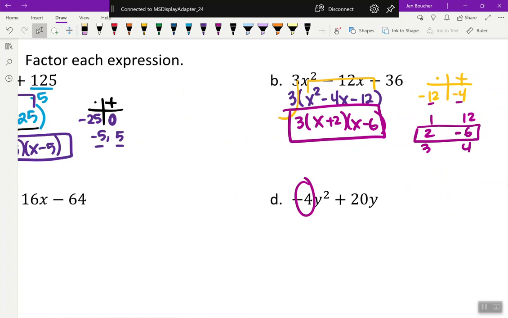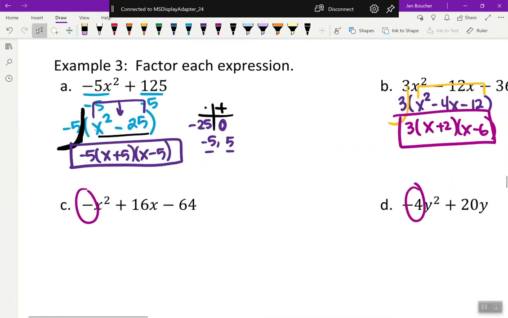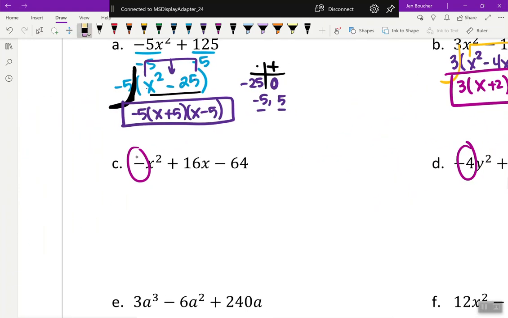Not quite, you're really close. Your two numbers are a little bit off, because those would add to 0, not 16. Oh, I was wondering. Okay. So take out the negative. We're left with x squared minus 16x plus 64.